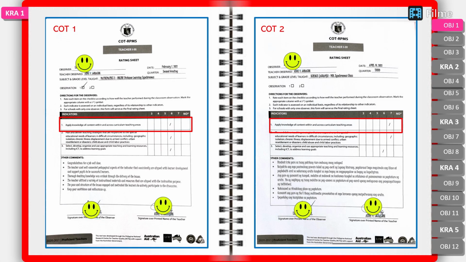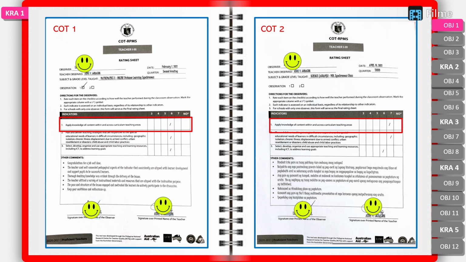For this objective ay kukunin natin ang rating under quality. Paano ang pag-compute ng rating for quality? Example, for my class observation 1, my rating for indicator 1 is 6. And sa class observation 2 naman ay 7.